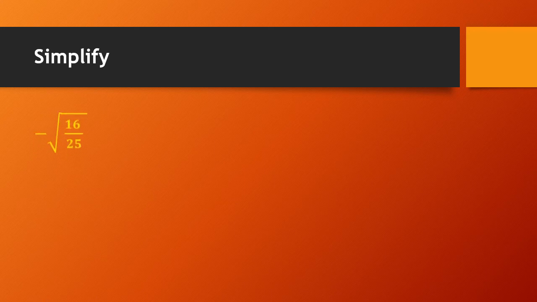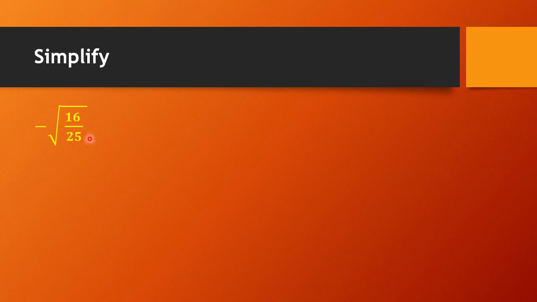Simplify. Negative square root of 16 over 25. 16 is a perfect square and 25 is a perfect square. Why is 16 a perfect square? Because 4 by 4 equals 16. And why is 25 a perfect square?